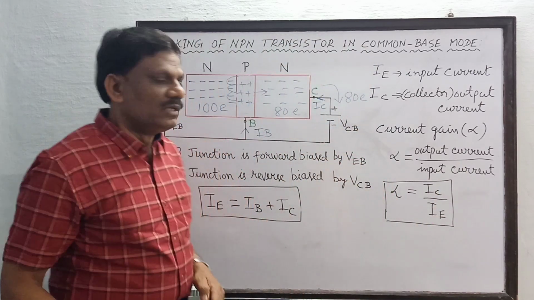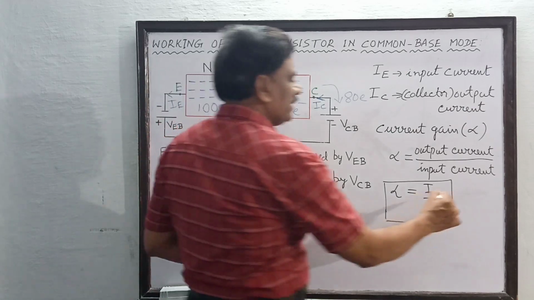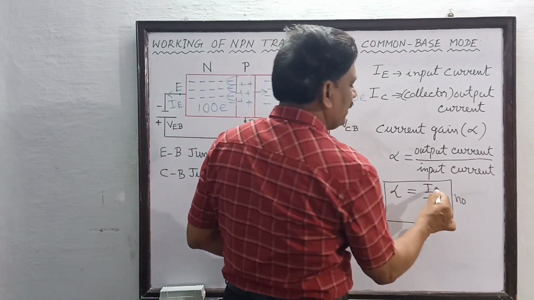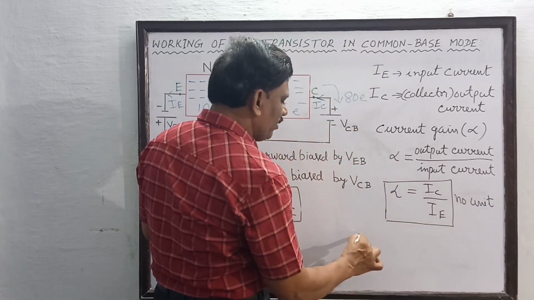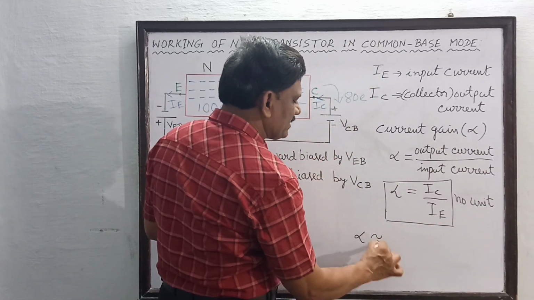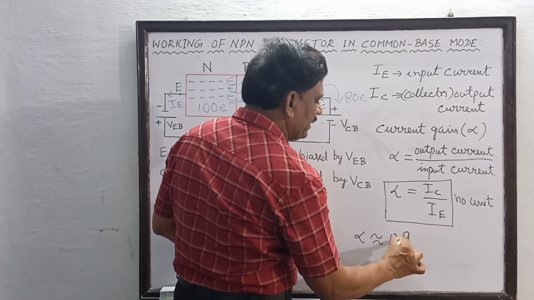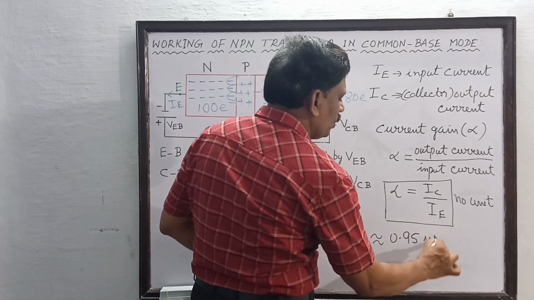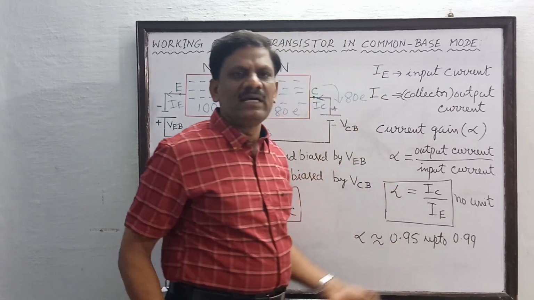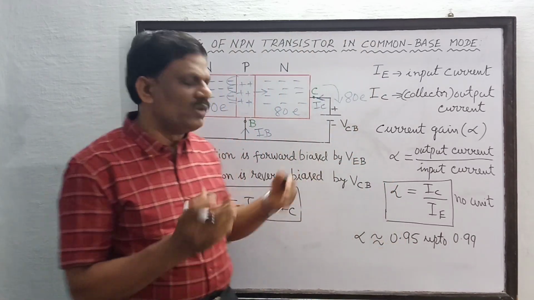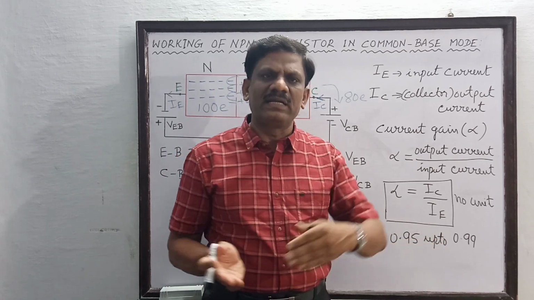Alpha has no unit because current divided by current has no unit, and the value of alpha ranges from 0.95 up to 0.99. That means from 95% up to 99% of the input current is amplified.